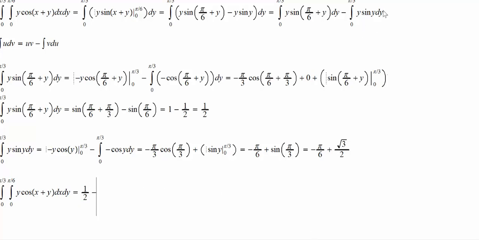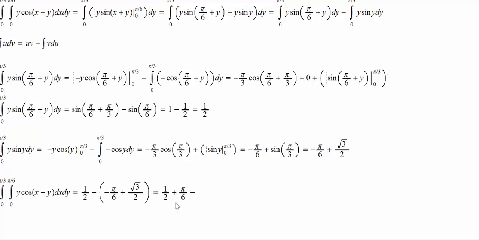So that became simply this negative pi over 6 plus square root of 3 over 2. We are almost done, but let's write it in the final form. And negative, negative should be positive. So we got pi over 6 and then minus square root of 3 over 2.